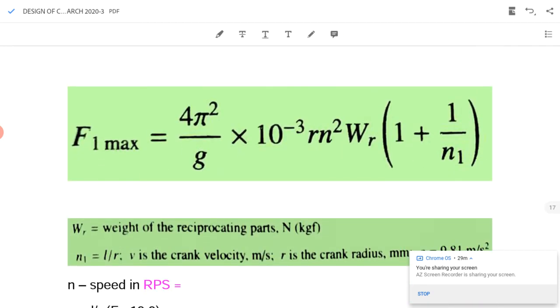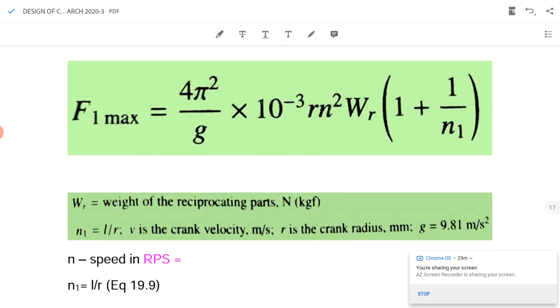4 pi square by g, where first we will see what's g. g equal to 9.81. Then n is the speed in RPS. It is given, it is 1800 RPM. So 1800 by 60 equal to 30 RPS.